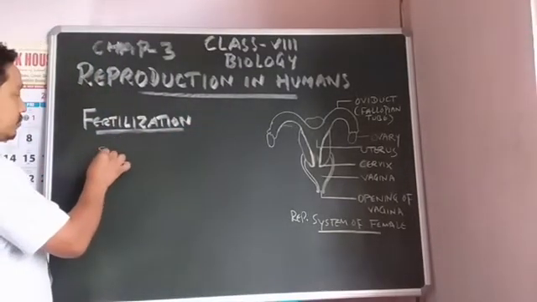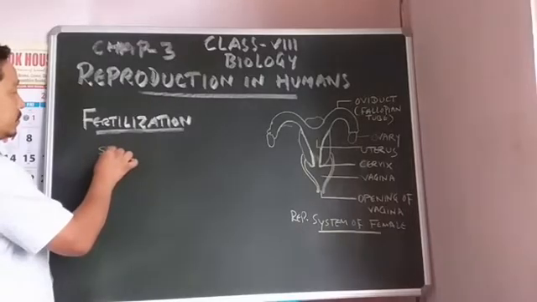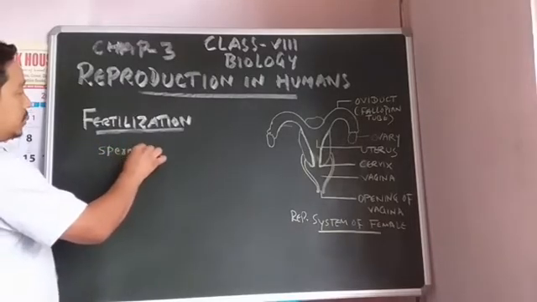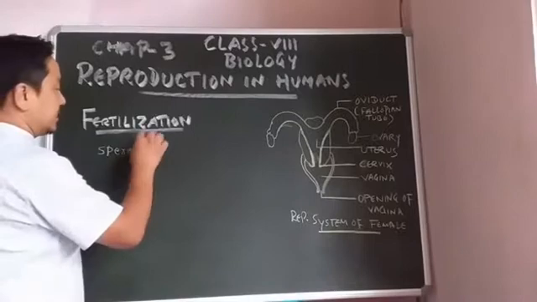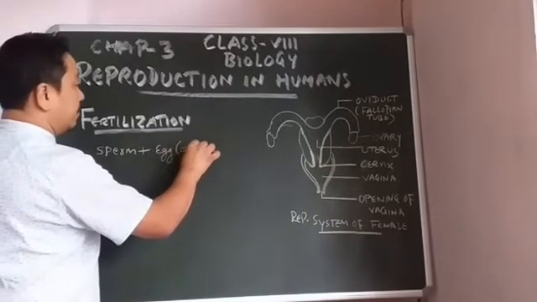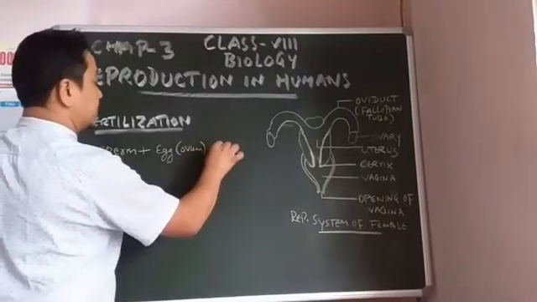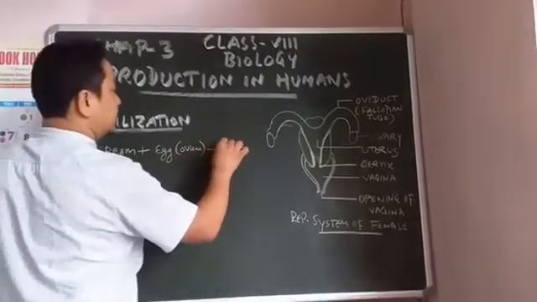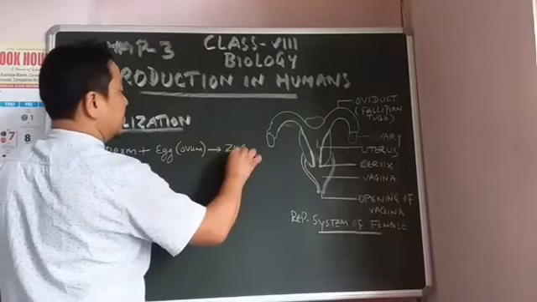See, sperm, when it fertilizes the egg, which is also called ovum, makes a zygote.